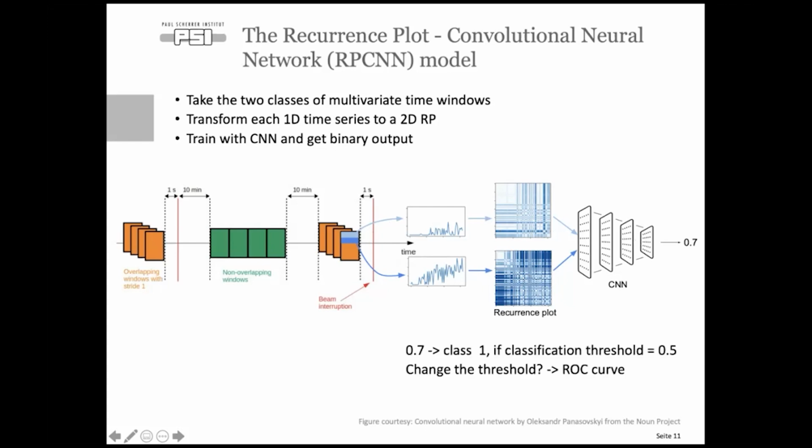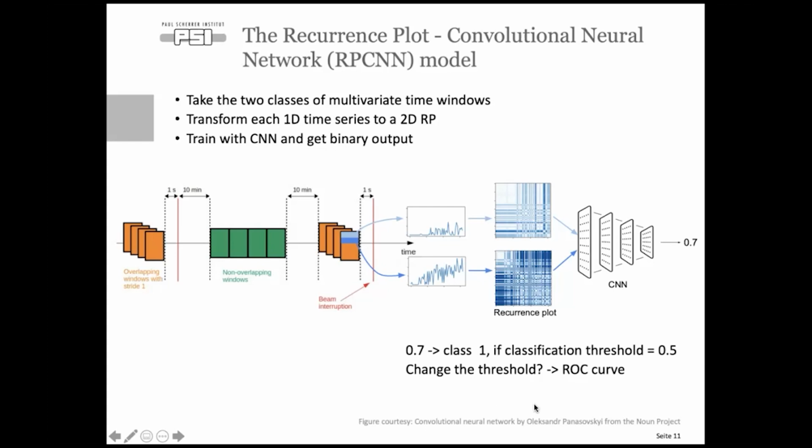Here I show an example output of 0.7, which means that we get a positive output with a classification threshold of 0.5. But we can also change the threshold, and if we have a higher threshold, we have a higher requirement for the sample to be positive.